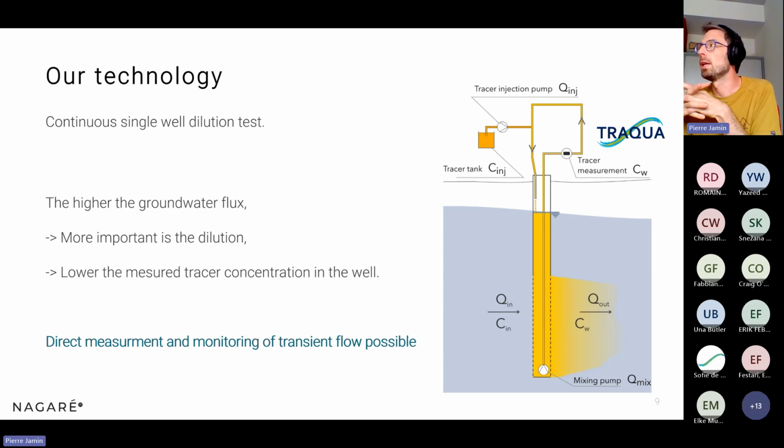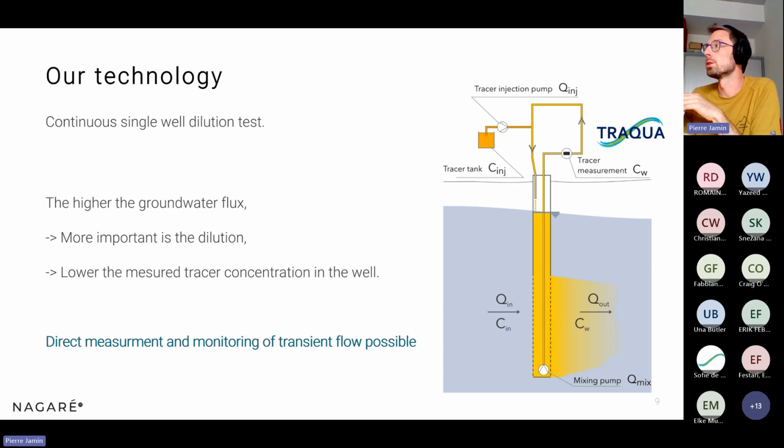I don't know if some of you are familiar with the point dilution method. When you use a point dilution method, you inject the tracer at once in a well, and you monitor the decrease of the tracer concentration in the well. And if the concentration in the well decreases fast, then it means that you have a high groundwater flow rate. Here, the difference is that we inject the tracer continuously.